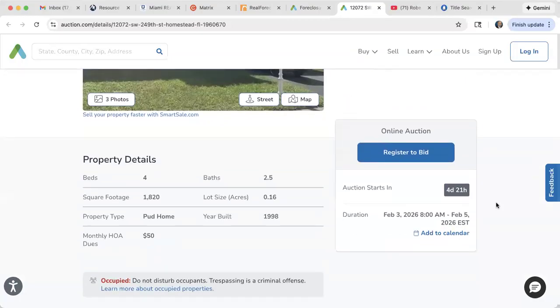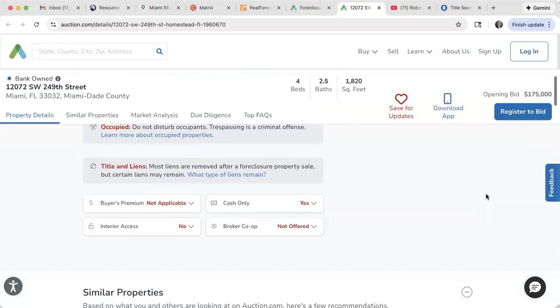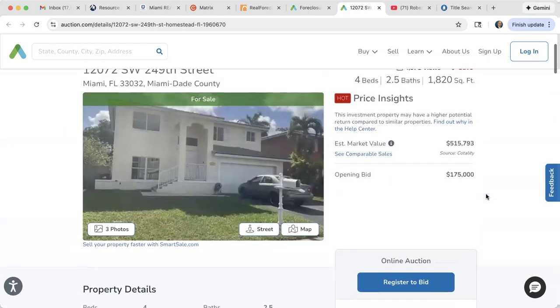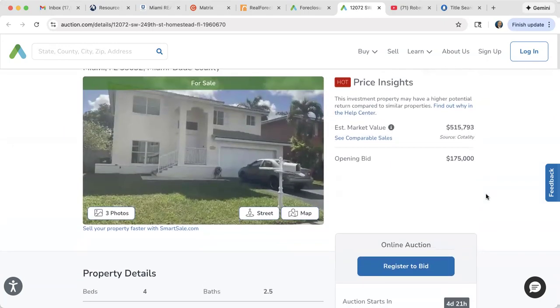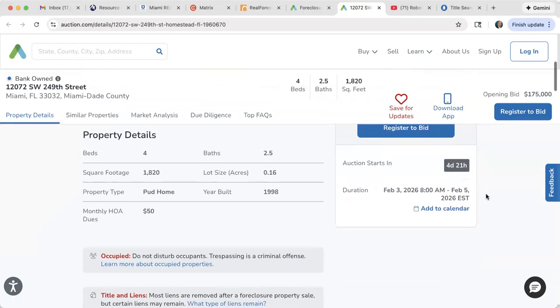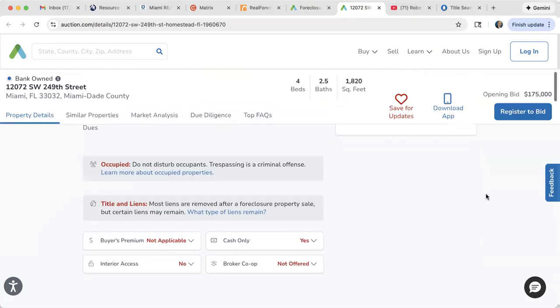I want you guys to know how this works. These auctions, once you register to bid, these auctions go online, right? So you don't have to go physically to a place to place bidding. The person that registers needs to register with a 3% down payment. They need to put up 3% in order to participate in an auction like this.